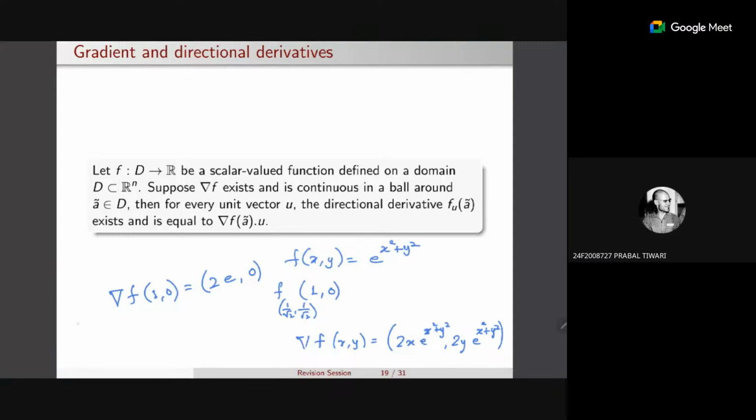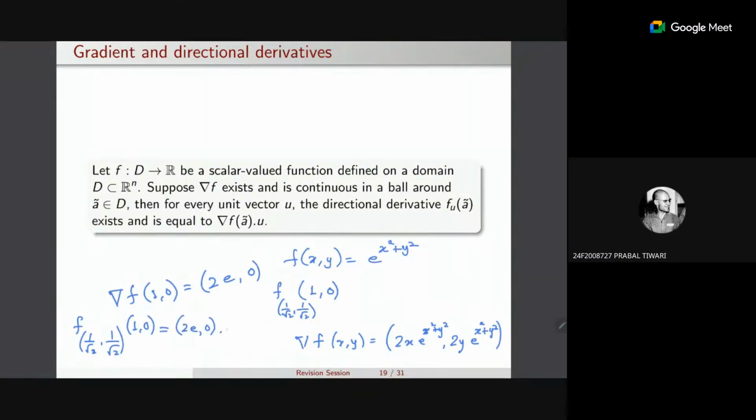So the directional derivative of f in the direction 1 by root 2, 1 by root 2 at 1, comma 0 is equal to 2e, comma 0 dotted with the direction. Here you need the unit direction vector, so you have to be careful about that. So this will just be e by root 2.